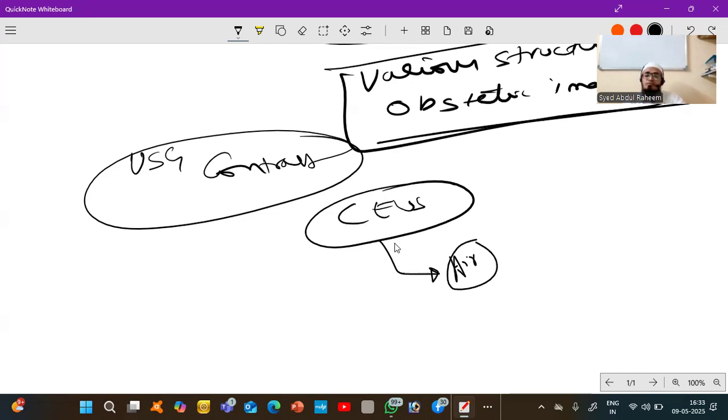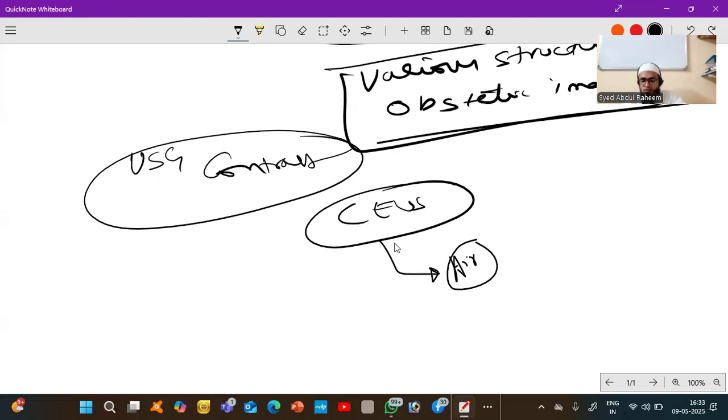But in the USG contrast, you are able to give this contrast, and it is eliminated with the help of the lungs itself. Some small IV injections will produce air waves, which enter the affected area and are eliminated from the body. This is to see the perfusion of the organ.